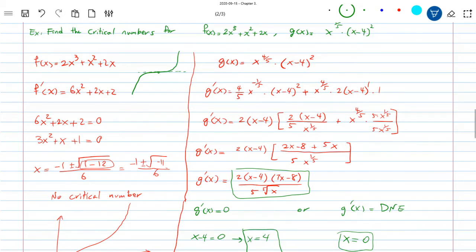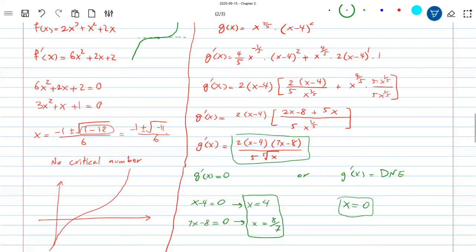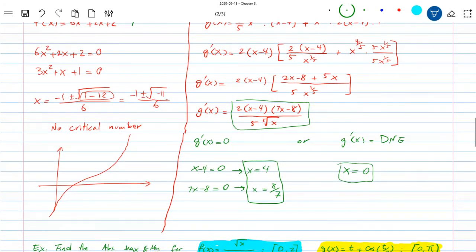That's one of the cases where the derivative is 0, but it's not a local maximum or minimum. These points we found, 4, 8/7, and 0, are candidates to be local maximum and minimum.